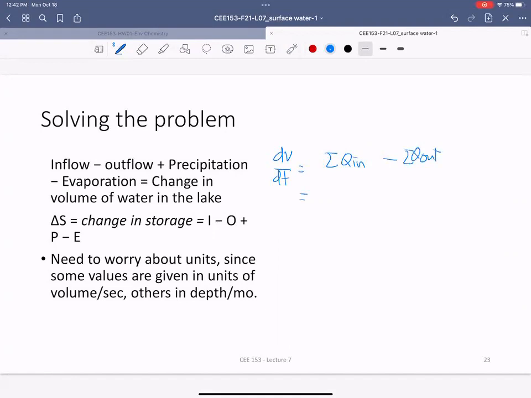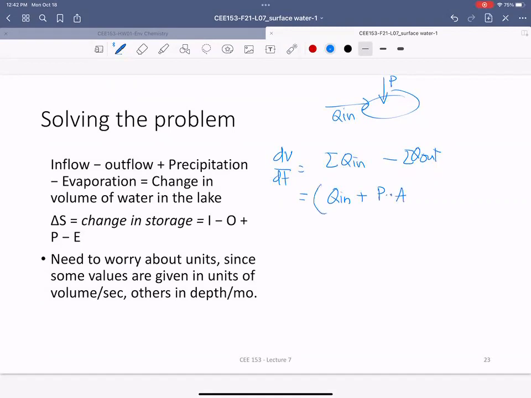So what's coming in here? One is precipitation, another is Q in. Okay, so those two are coming in. So you write Q in plus precipitation. Again, the unit of precipitation is not the same as flow rate, so you have to multiply by area.